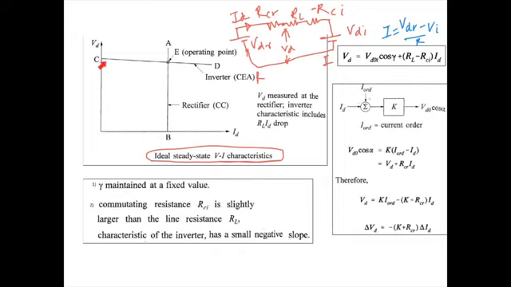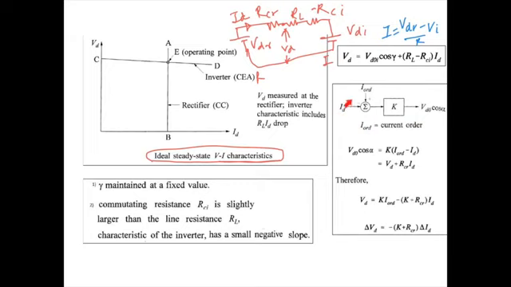These two characteristics, CEA and CC, intersect at point E, and this point represents the operating point of the whole HVDC link. At point E, the current will be represented by this point B, and the voltage would be a certain voltage, say, here.